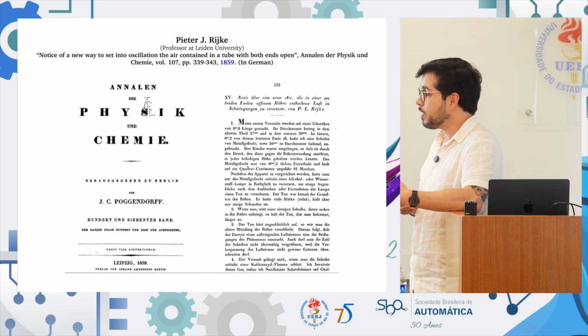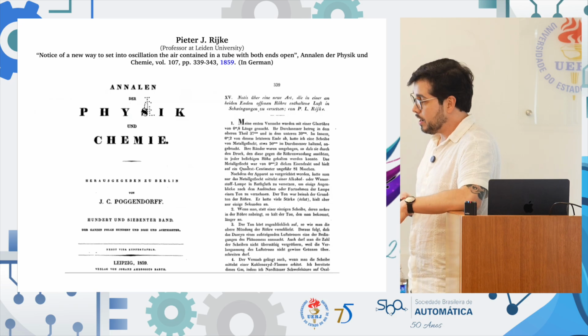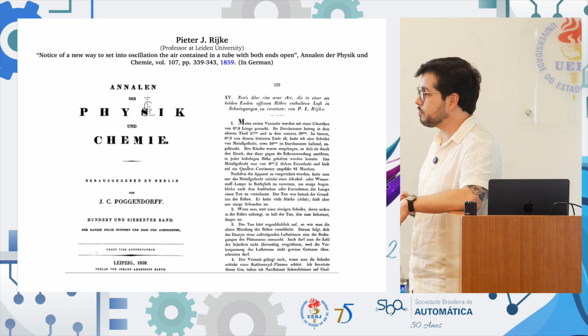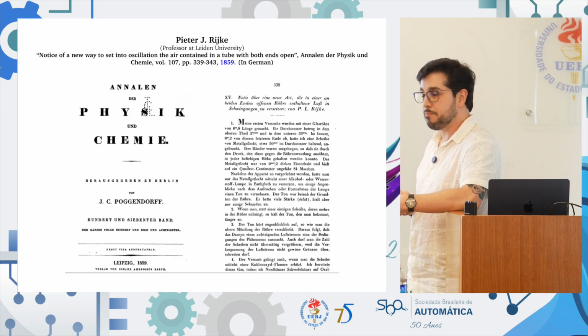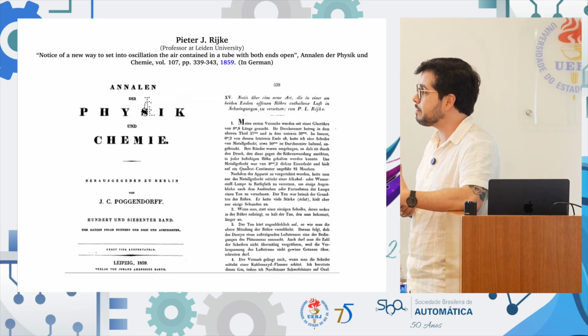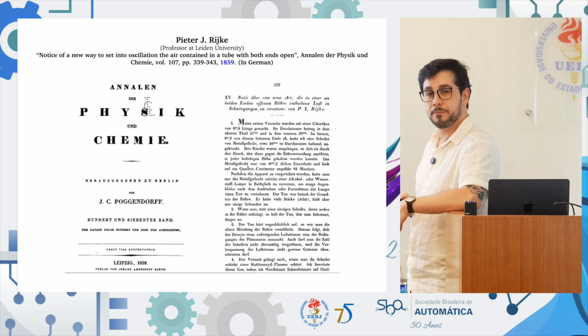This phenomenon was called thermoacoustic instability. There are a lot of engineering examples where this kind of instability happens, and it needs to be mitigated. One way to mitigate this kind of instability is using feedback.